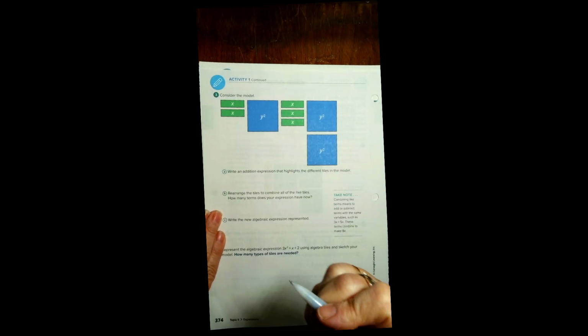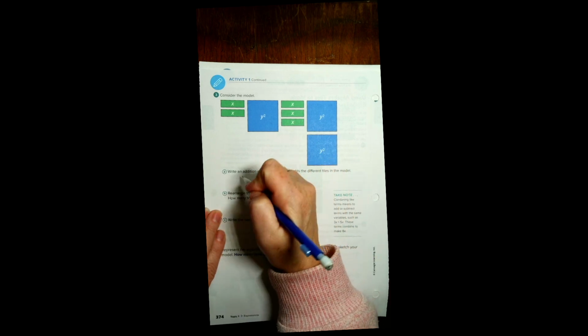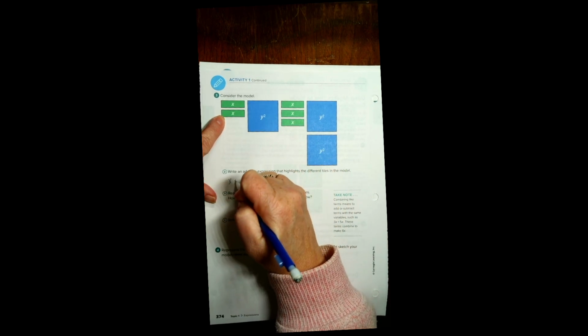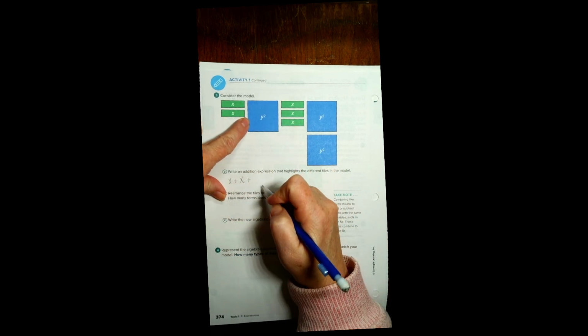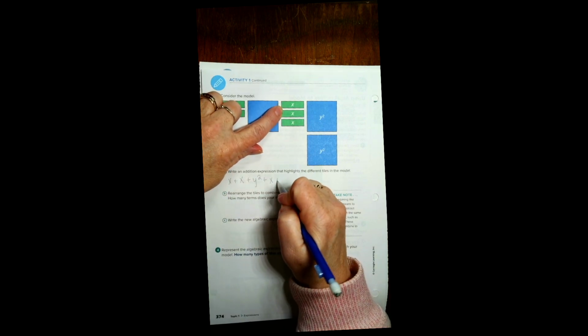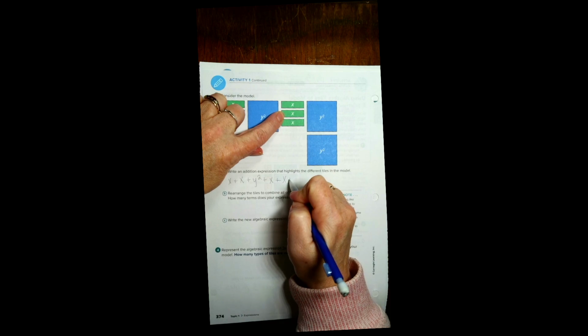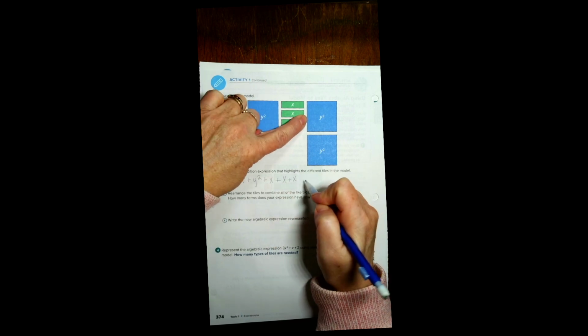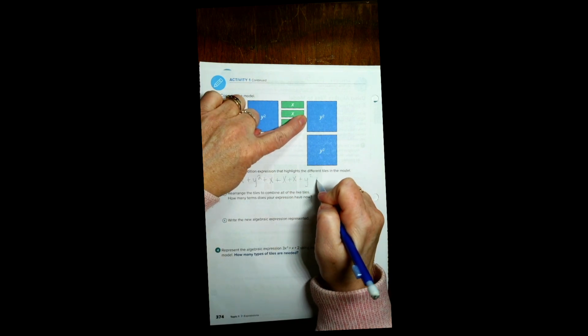So if we were to just write it out, I'm just going to write it kind of in order here. We have x plus a y squared plus x plus another x plus y squared plus y squared.